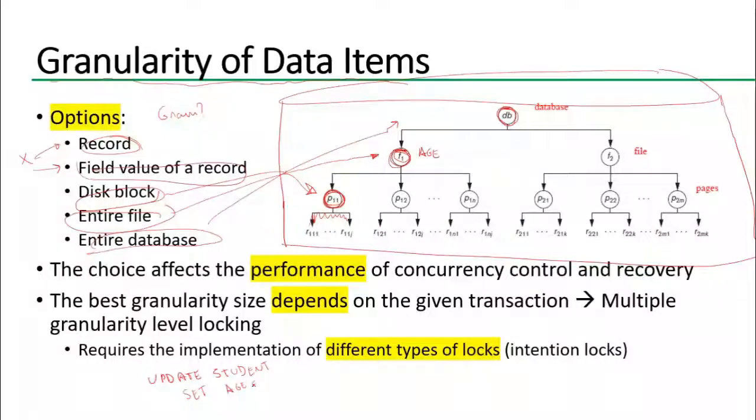So which level of lock should you use? Let's say table student has 1,000 students. You could have 1,000 locks, one per record. But then you can imagine the overhead of creating the locks, and then checking individual locks. Probably in this case, the smarter approach would be to lock the entire table of students.